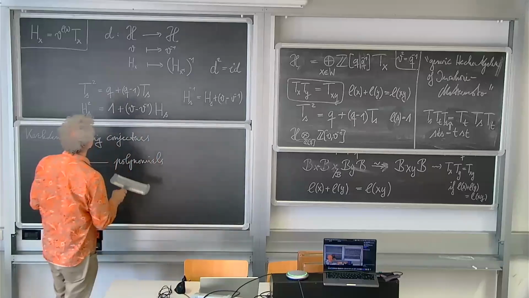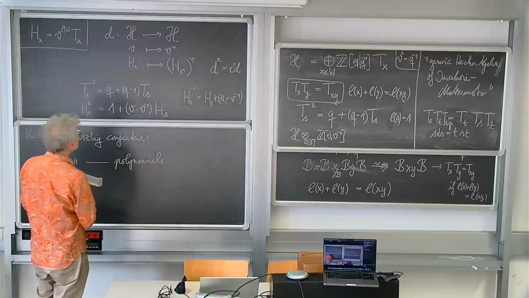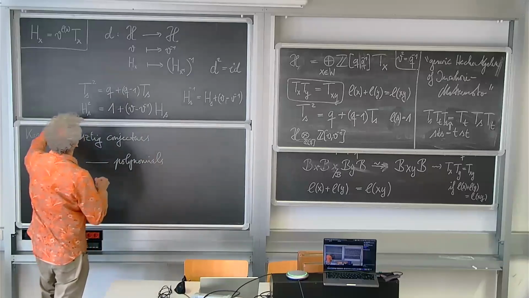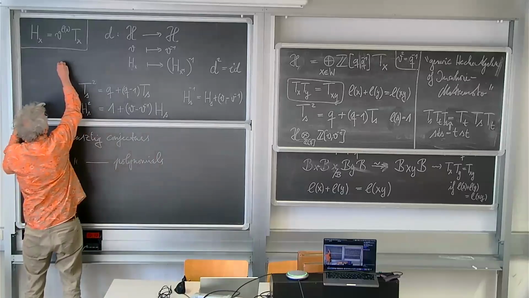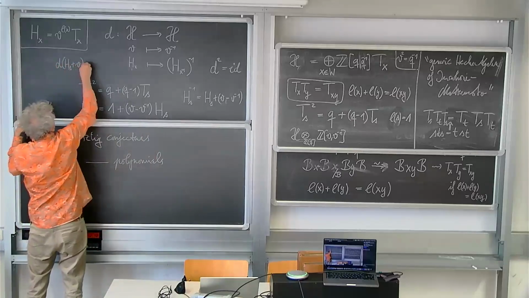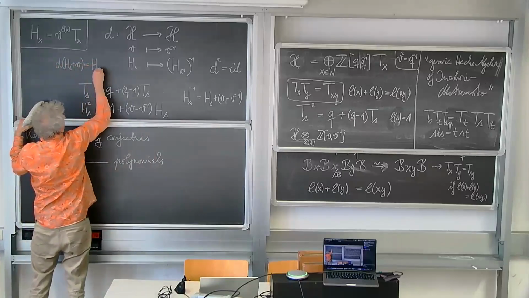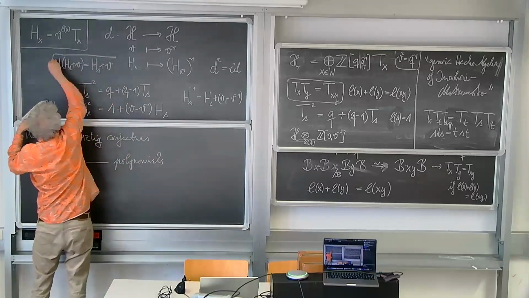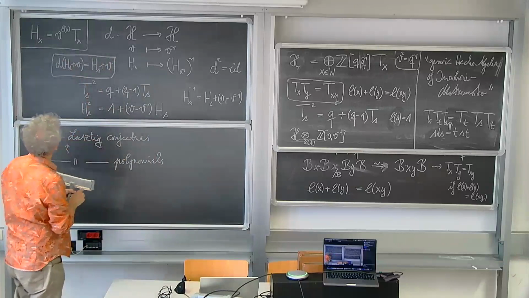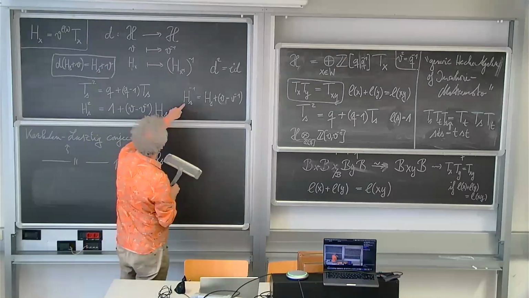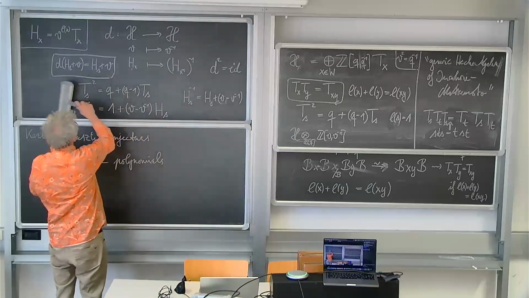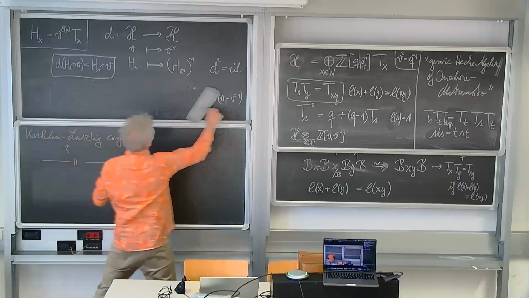But the only thing which I really need is that the dual of H_s plus v is H_s plus epsilon, which I think is hopefully clear from this equation. You calculate, and I don't, not here.